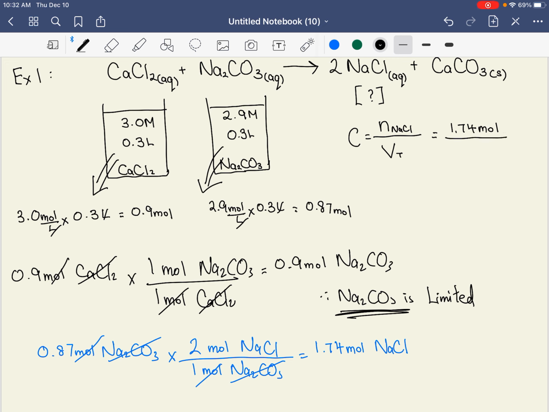Divide that by 0.3 liters plus 0.3 liters. Obviously, it came from here and here. So, what is the answer? The answer is 1.74 divided by 0.6. And that is 2.9 moles per liter. That is the concentration of NaCl.